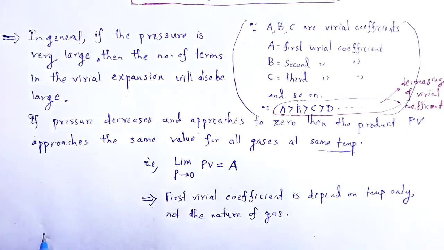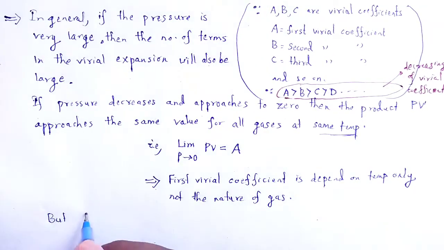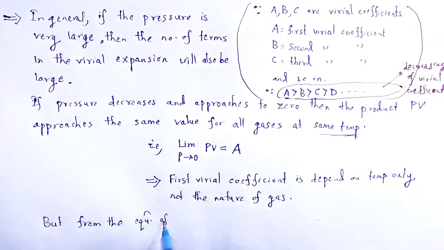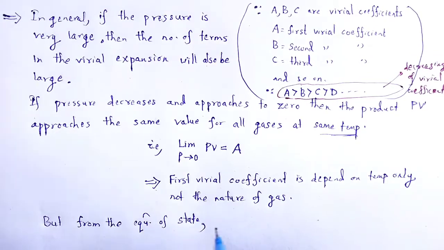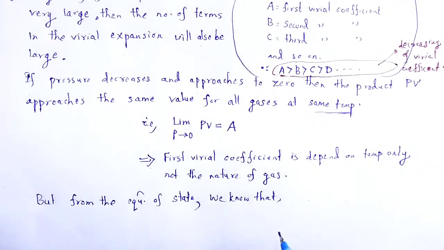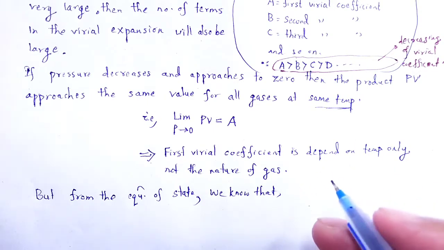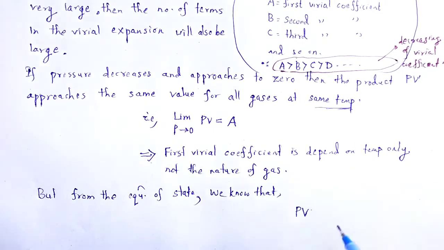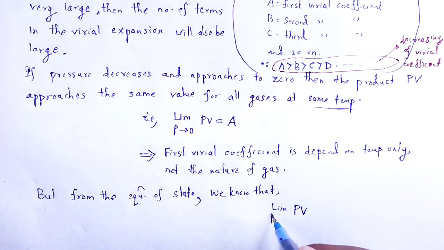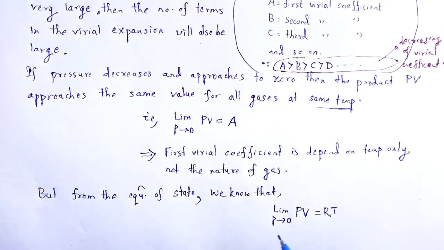But from the equation of state, we know that PV is equal to RT, or PV is equal to nRT, with n the number of moles. So taking the limit as P tends to 0, the product PV is equal to RT.